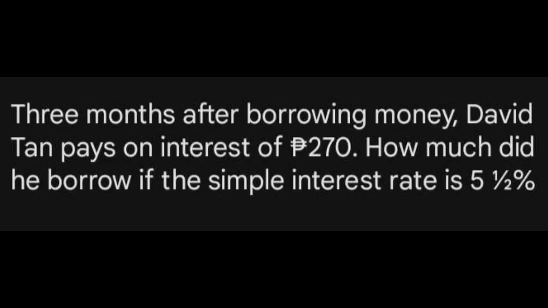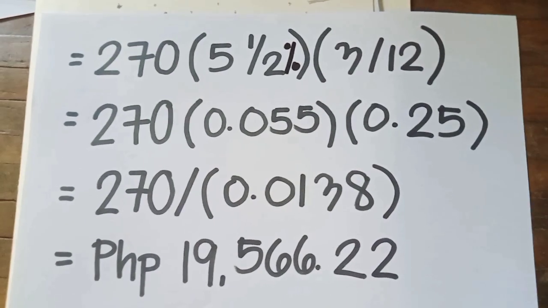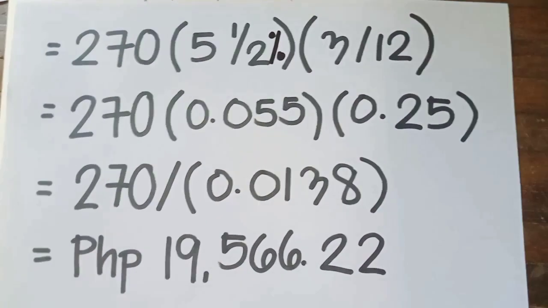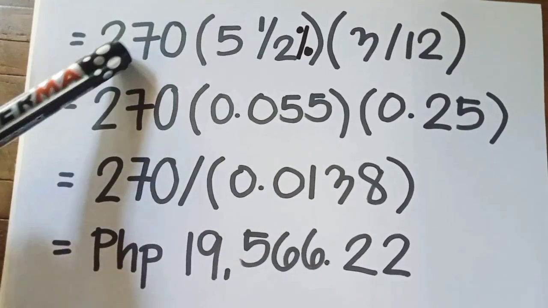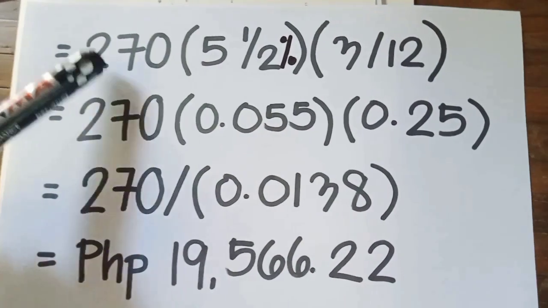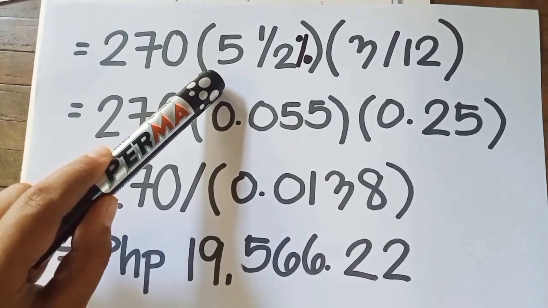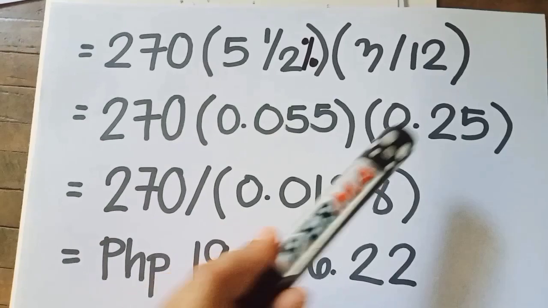Problem number 1. 3 months after borrowing money, David Tan pays an interest of 270 pesos. How much did he borrow if the simple interest rate is 5 1/2%? So let's solve it. The interest is 270, the rate is 5 1/2%, and the time is 3 months.